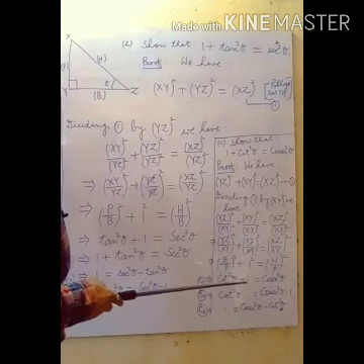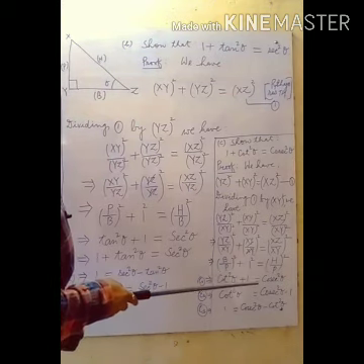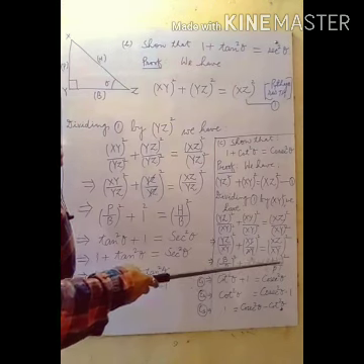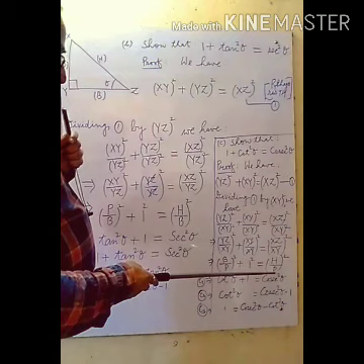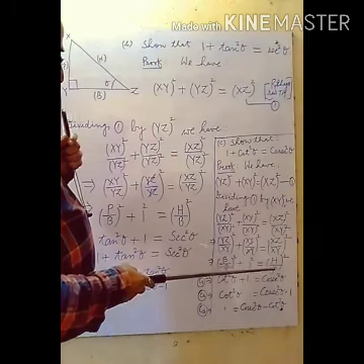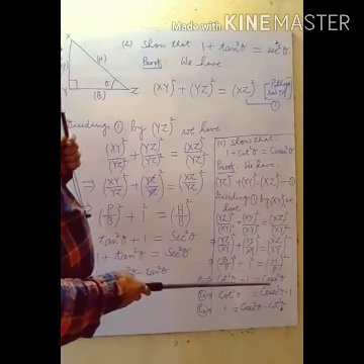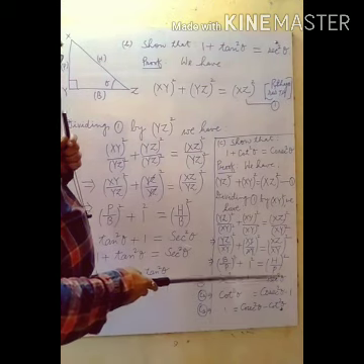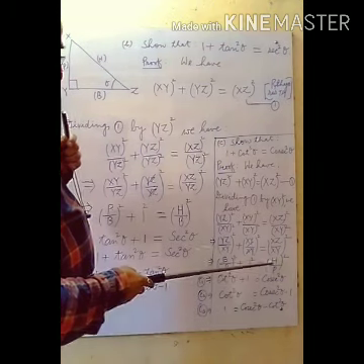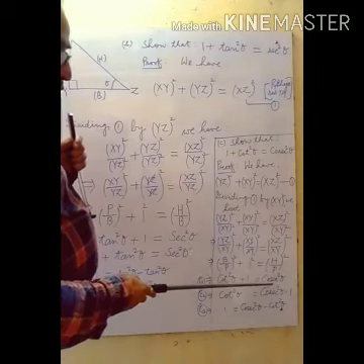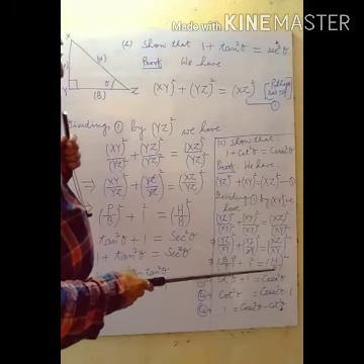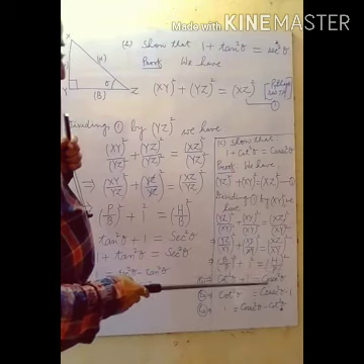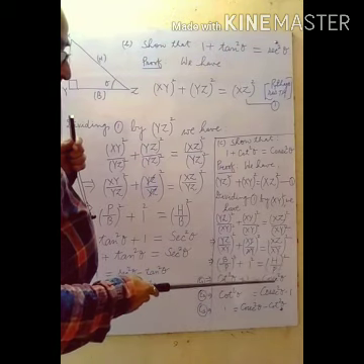Square of 1 is 1, equal mark is equal mark, and the ratio of hypo to perpendicular is what? Cosec of theta. The ratio of hypo to perpendicular is cosec of theta. So h upon p whole square means cosec whole square theta, and that will become cosec square theta.